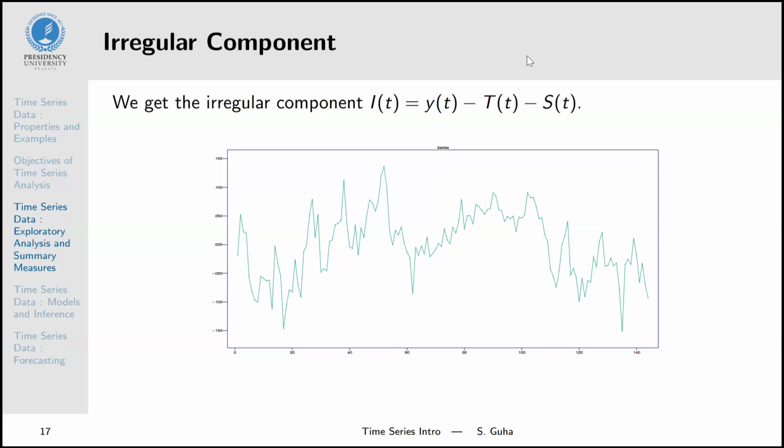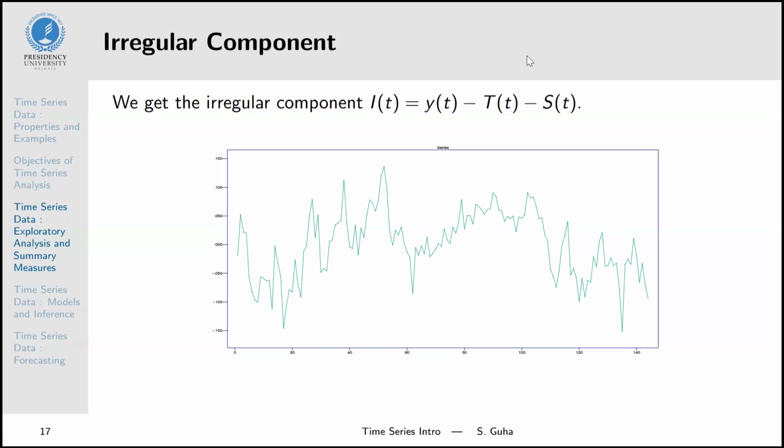Suppose I am looking at January 1961. Then at Y_t, I'll take the Y value at January 1961, and remove from that the trend value of January 1961. I'll also remove the seasonal value of January only, because for the seasonal value, the year doesn't matter.